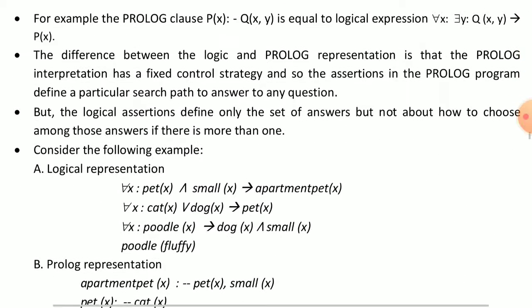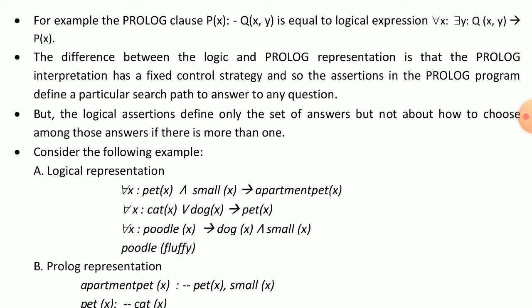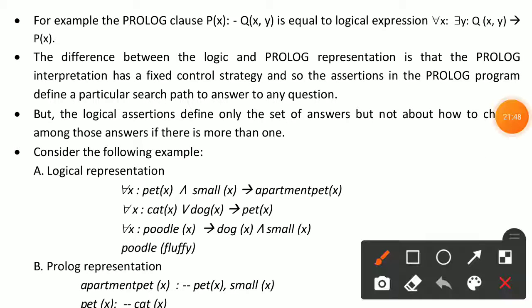Now an example is given. For example, the Prolog clause is P of x if Q of x comma y, where Q of x comma y is equal to logical expressions. For these we can use the logical expression.